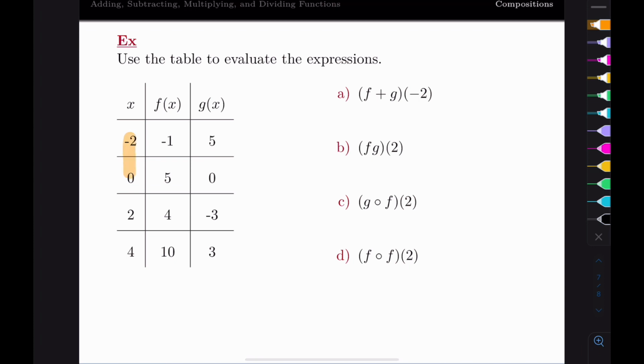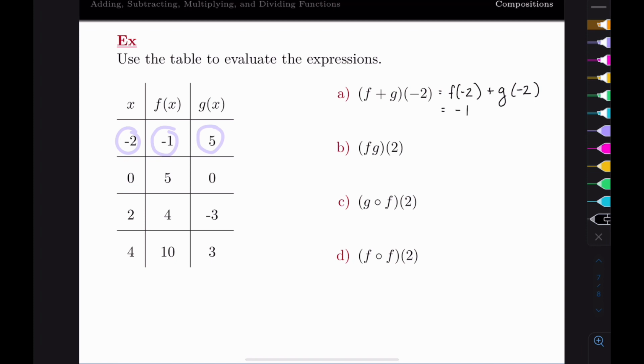So they tell us for these x values, here's what f equals and here's what g equals. So for our very first one, what we want to do is find f of -2 and add to it g of -2. So using my chart, when x is -2, f is -1, and g is 5.